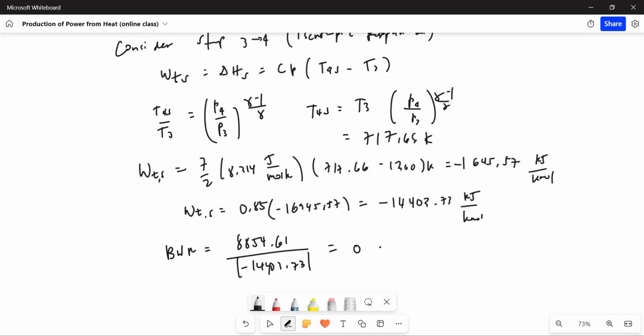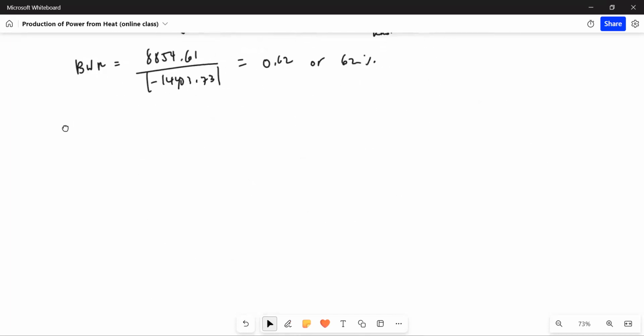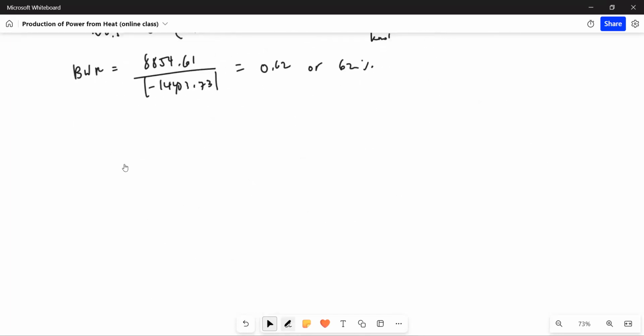It's 0.62 or 62%. So that means that 62% of the work done by the turbine is used to drive the compressor for the Brayton cycle.